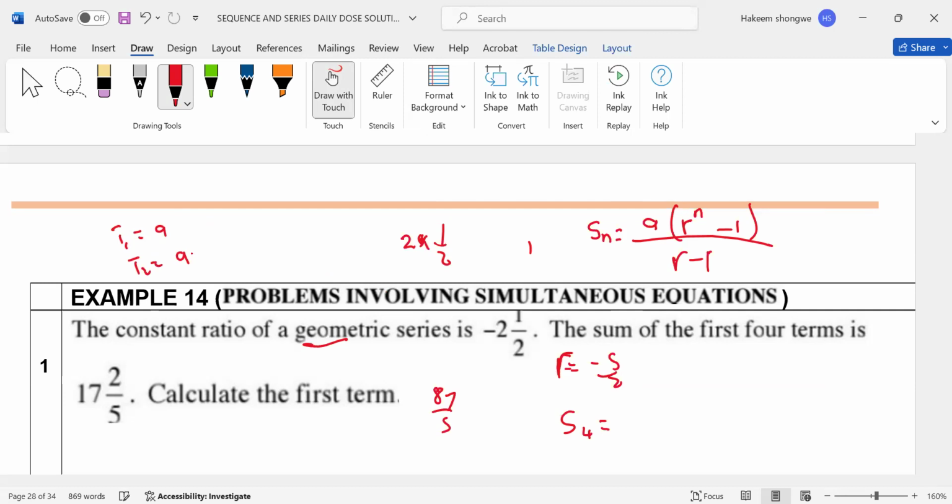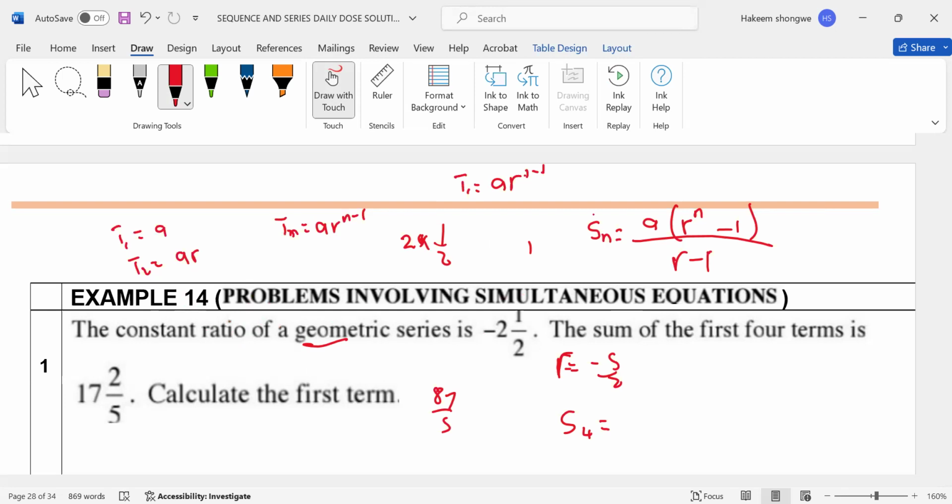Term number 2 is going to be AR. How did I get AR? Remember, how do you get the general formula for a geometric? It says Tn is going to be AR to the n minus 1. So if I come and substitute 1, look what happens. If I say term number 1, you're going to have R to the 1 minus 1. And then 1 minus 1 is going to give us 0. Any number to the power of 0 gives us what? 1. So it's going to be A.